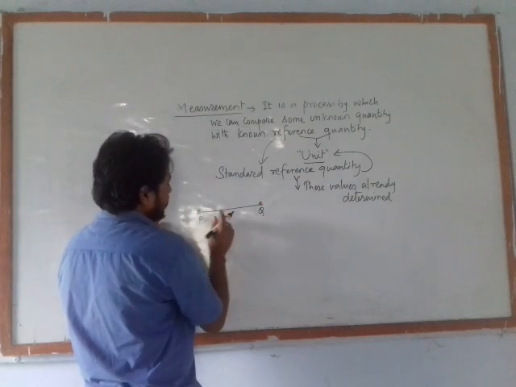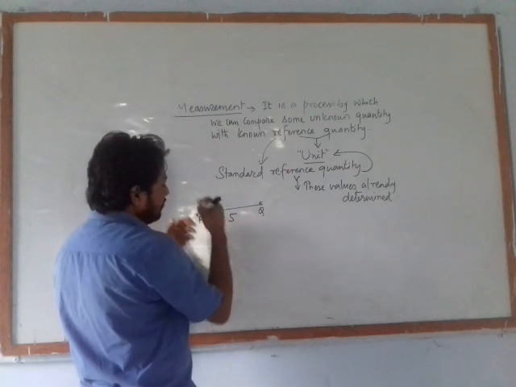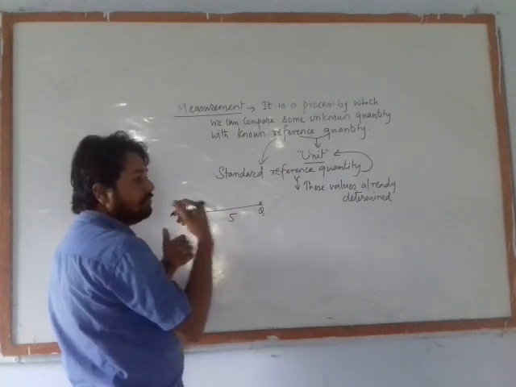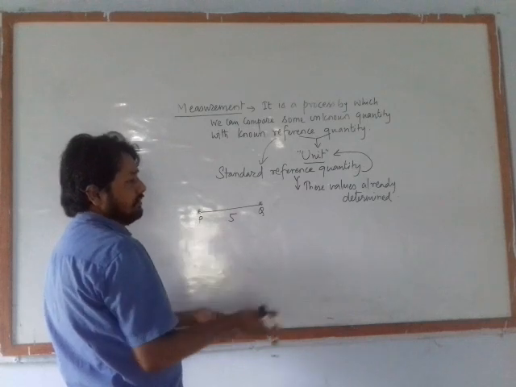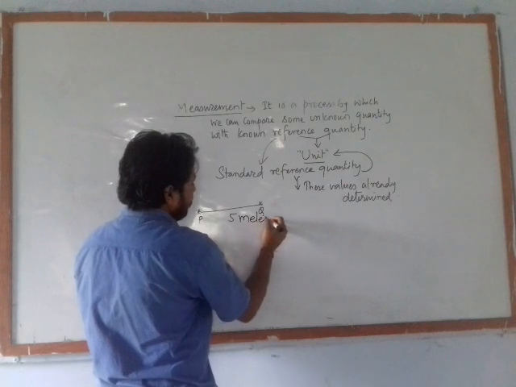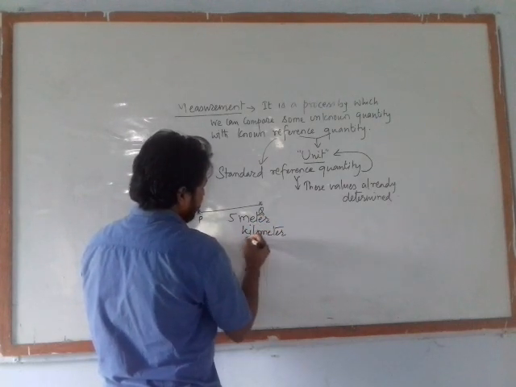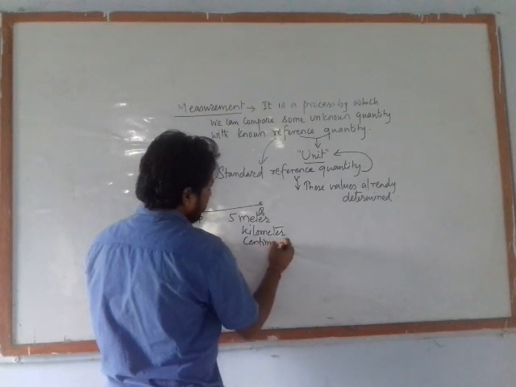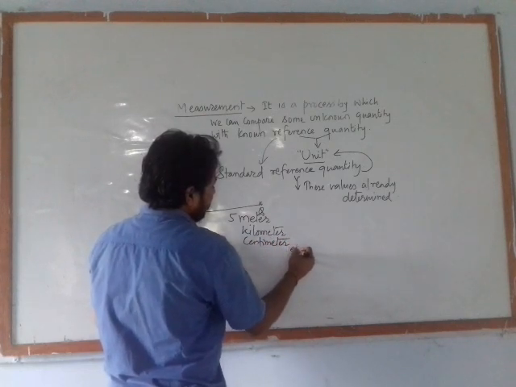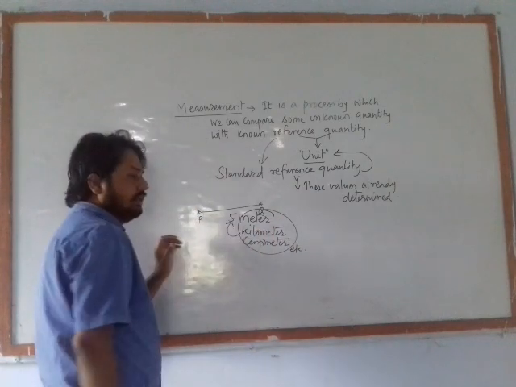Suppose length comes with a magnitude of 5. Then we have to represent this 5 in terms of meter, centimeter or kilometer. This gives the meaning to this 5.